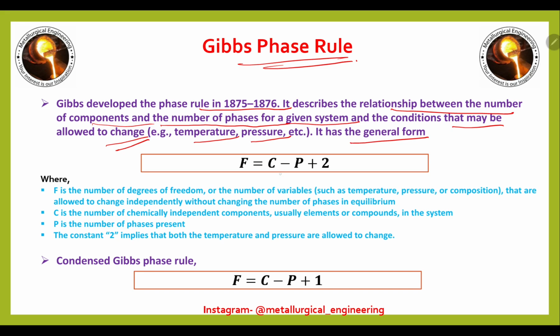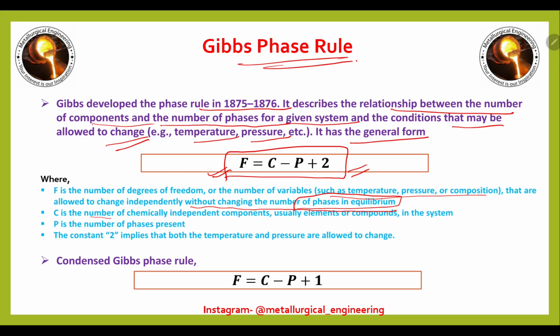It has the general form F is equal to C minus P plus 2. This is the general formula for Gibbs phase rule, where F is the degree of freedom or number of variables such as temperature, pressure and composition, that are allowed to change independently without changing the number of phases in equilibrium. That means with changing these three parameters the phase will not change.